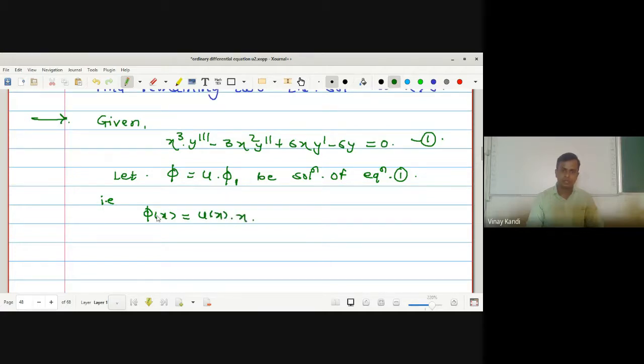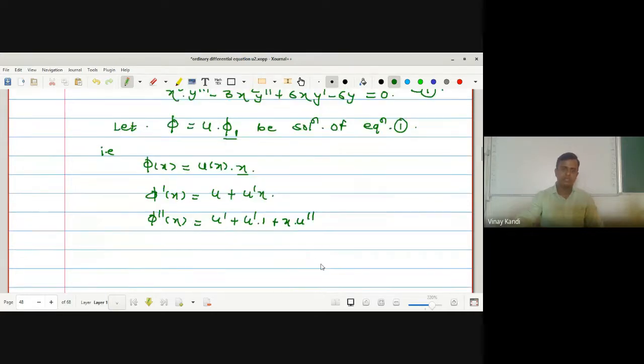Phi 1 is given to you as x. What is phi dash of x? First as it is, derivative of second is 1, plus second as it is, derivative of first. So this is phi dash. What is phi double dash of x? u dash as it is, first as it is, derivative of second is 1, plus second as it is, derivative of first, u double dash. So here we get 2u dash plus u double dash into x.